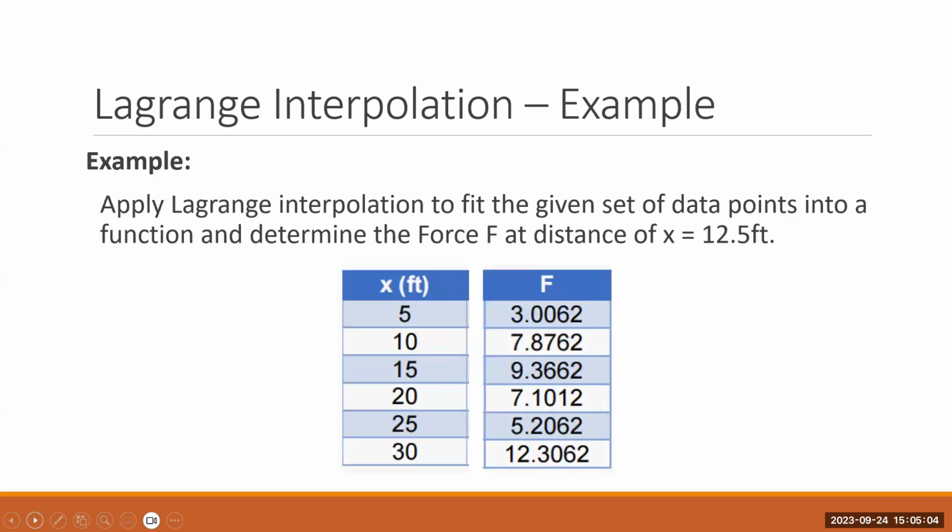As an example, I have used the example shown in machine exercise 1. Here we have a given set of data points, where our independent variable is x and our dependent variable is f. We need to find the value of f at x equal to 12.5.